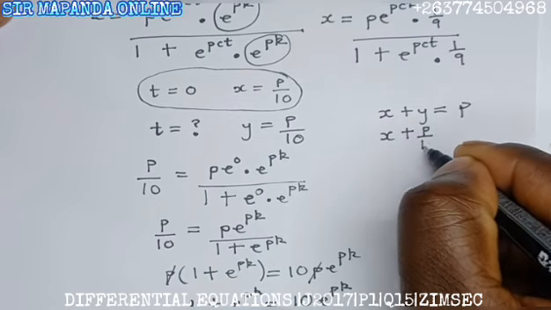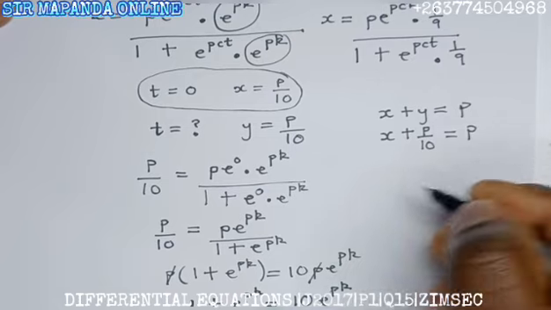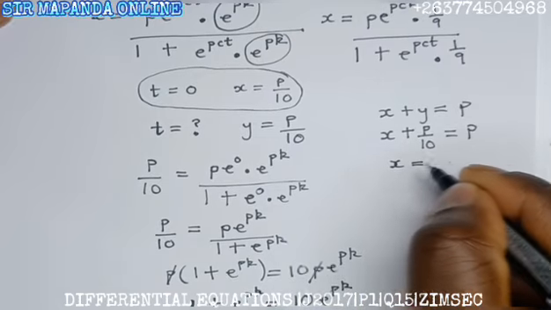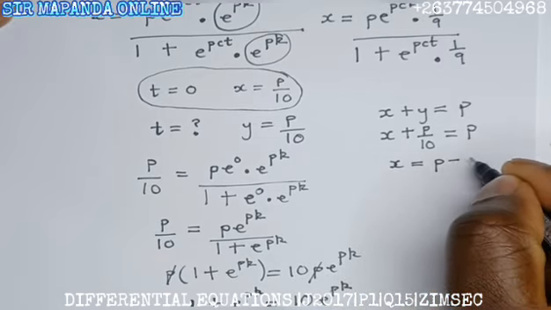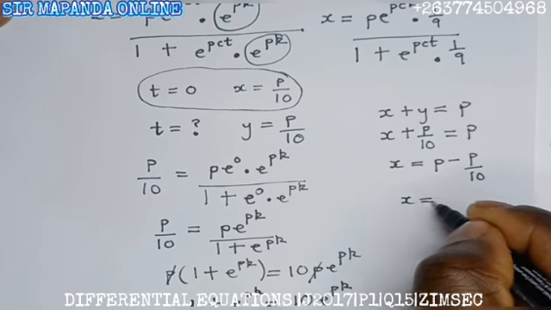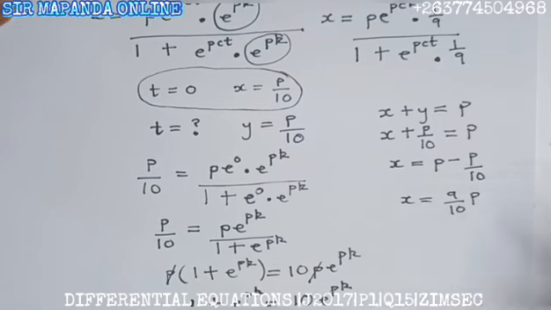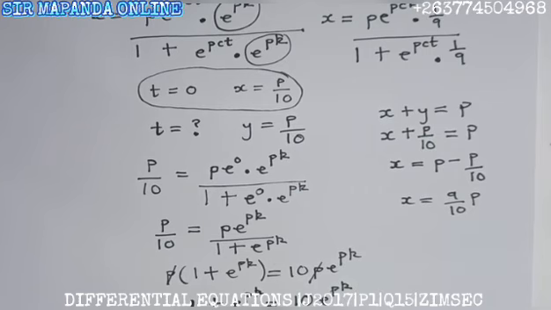You put P over 10 on Y, then you get X plus P over 10 is equal to P. Then you move P over 10 to the right side, you get P minus P over 10. So X is equal to 9 over 10 P, right? In simple terms, you want to find the time when X is equal to 9 over 10 P. I hope you are following, class.